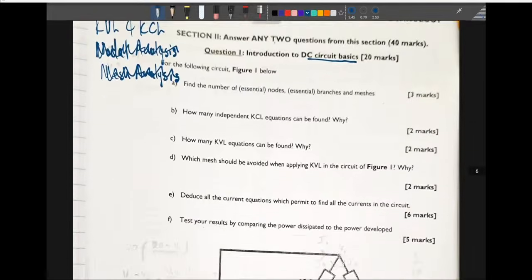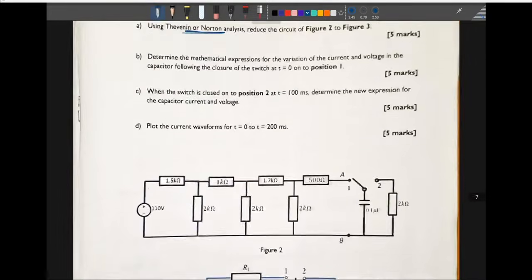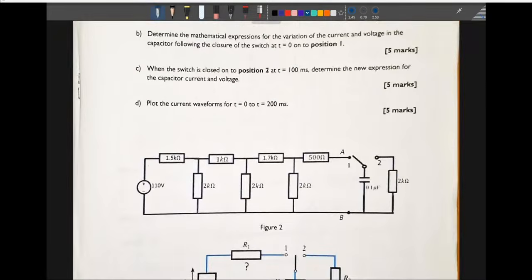If we're able to do questions from the past papers and the tutorials to do with network theorems, then you should be able to be good at this.